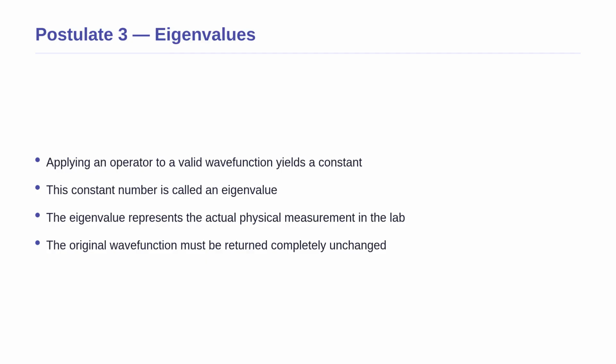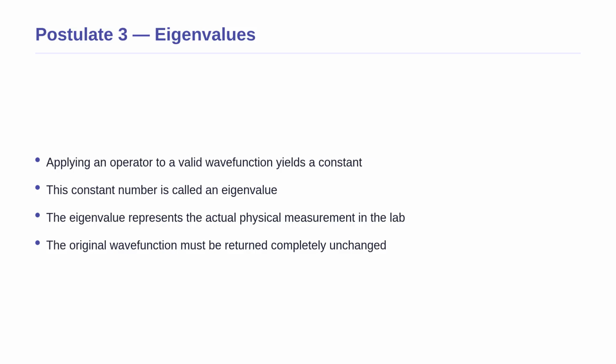With our operator key in hand, the third postulate explains exactly what happens when we use it on the wave function folder. When an operator acts on a valid wave function, it returns the original wave function multiplied by a simple constant number. This constant number is called an eigenvalue, which translates to proper value.